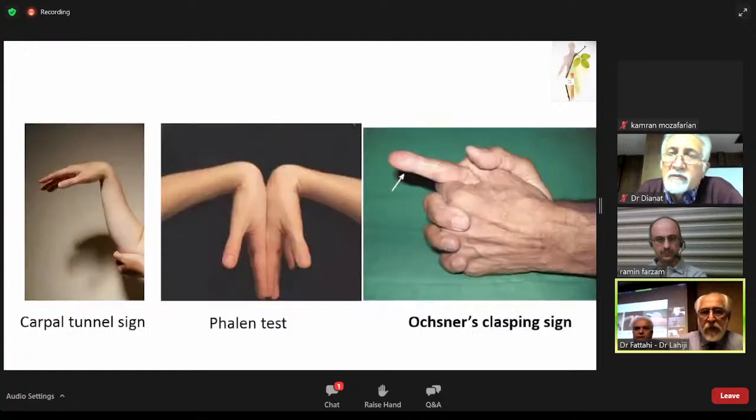There is the carpal tunnel sign, which is like the Phalen test but without compression of the other hand, and the Axner clasping sign, which is when you clasp the fingers of the involved hand, you lock it, and the patient is not able to flex the index.